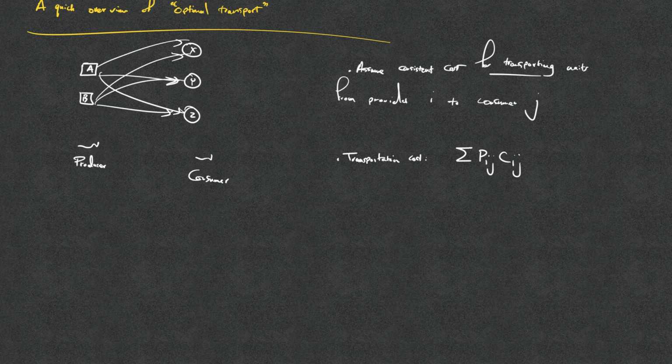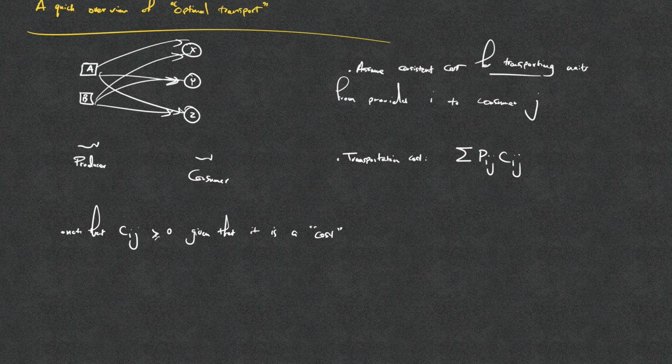So the transportation cost is going to be basically P_ij, the plan of your transportation from provider I to consumer J, times the cost associated with I and J. So C_ij, we assume that matrix has to do with the transportation costs from provider I to consumer J. So there's that.